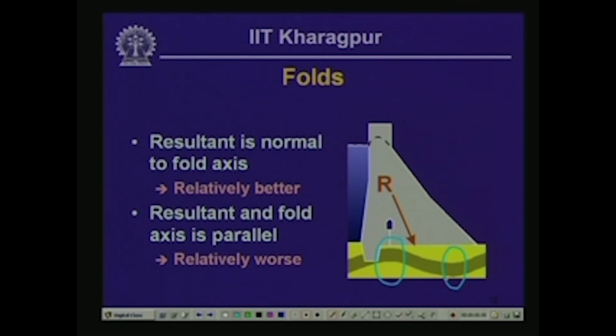So these are the two locations where you are going to have large stress concentrations, large stresses, and if on top of it you apply the resultant, then the stresses within the rock mass at these locations, where the stresses were very large to begin with, might trigger large deformation or even local dislocation within the rock mass.